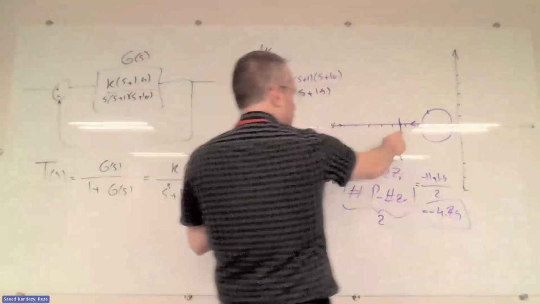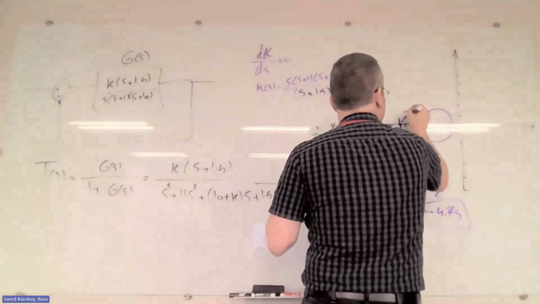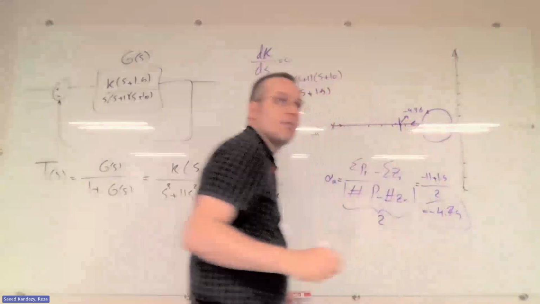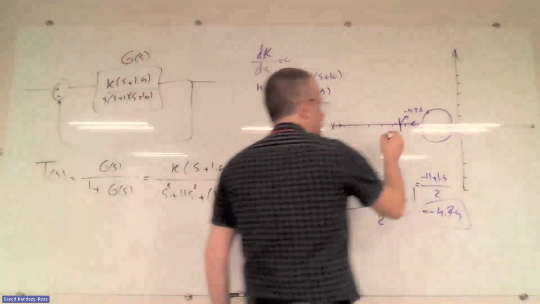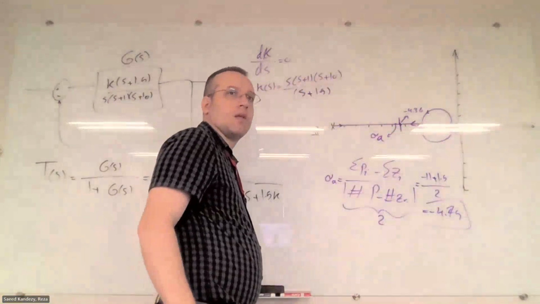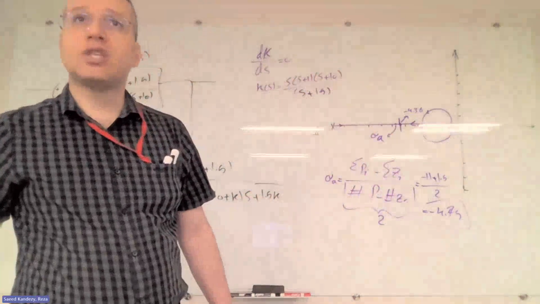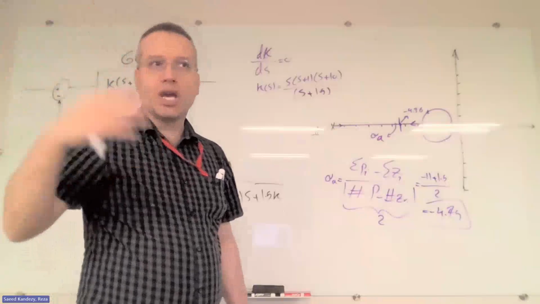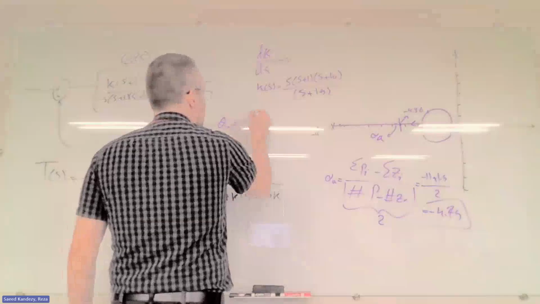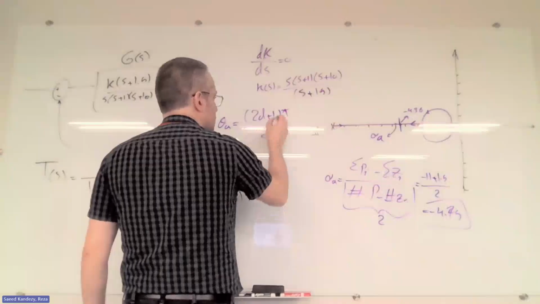That means this one was minus 4, this one was minus 4.36. So this one is going to be somewhere here. Right? So this is going to be the delta A. So the lines would leave here, intercept the real axis here. Now, what are the thetas of those lines? You can calculate that using the formula, which says the theta of the asymptote is (2d plus 1) times pi over the difference of the numbers, which is 2.